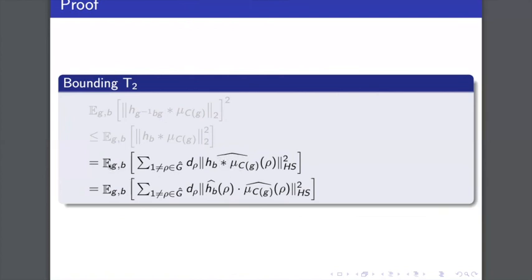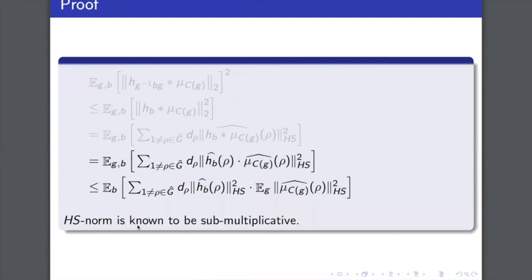And furthermore, we bring in another fact about the Hilbert-Schmidt norm, which is that it is known to be sub-multiplicative, meaning the norm of the product can be upper bounded by the product of the norms. So we use that to completely separate out these two Fourier coefficients. And also we bring in this averaging over g inside.